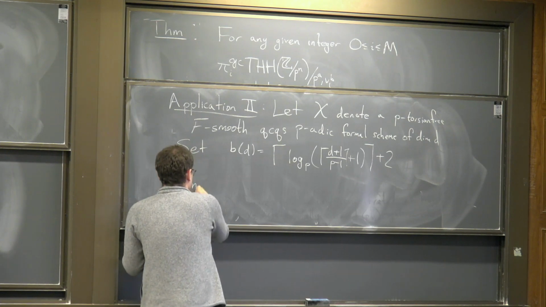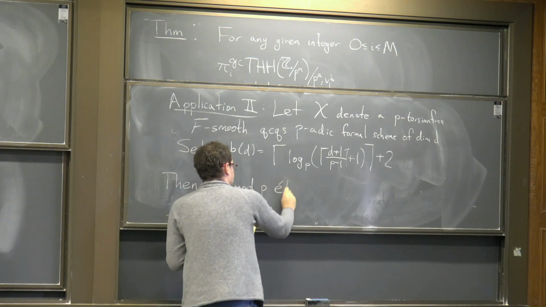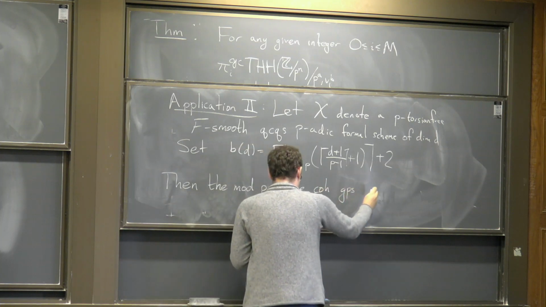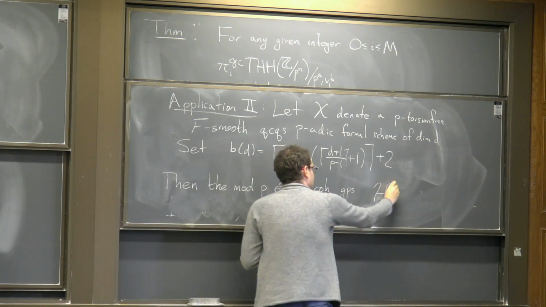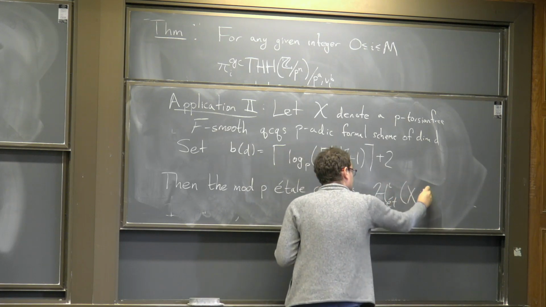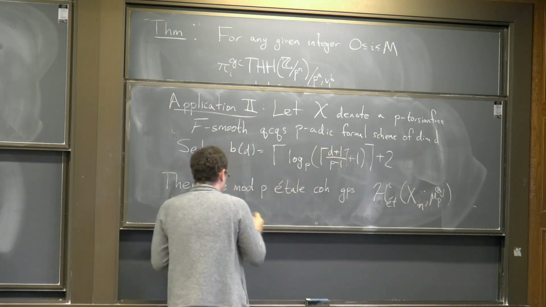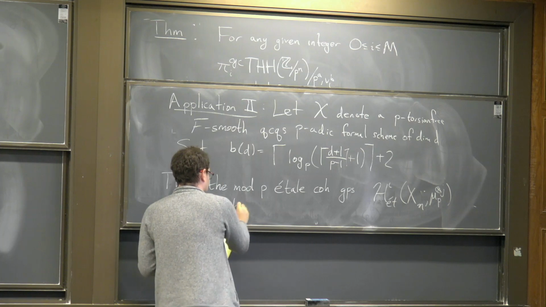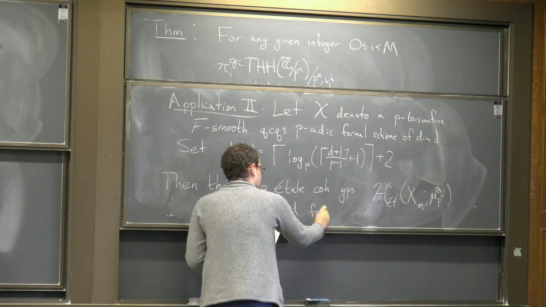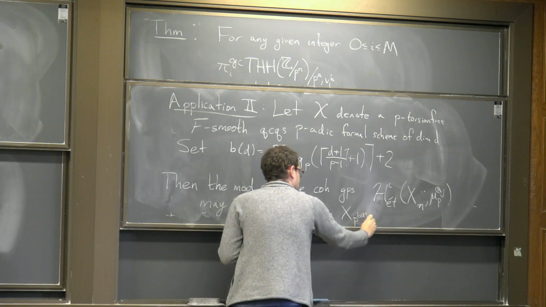Then the mod p etale cohomology groups H^i of X_eta with coefficients in mu_p tensor j may be recovered solely from knowledge of X mod p to the b of d equals 0.